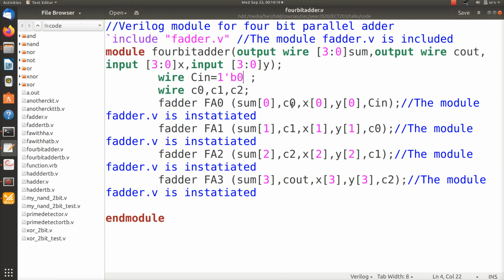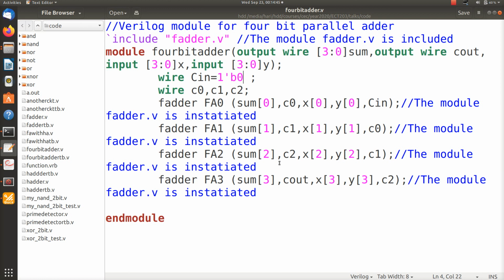Now this carry is given to the next full adder, fadder f1, say some name. The inputs are x1 and y1, that is the second bit, and the carry from the previous stage, that is C0, is also added here. So this produces the second bit of the sum, that is sum 1, and outgoing carry C1.